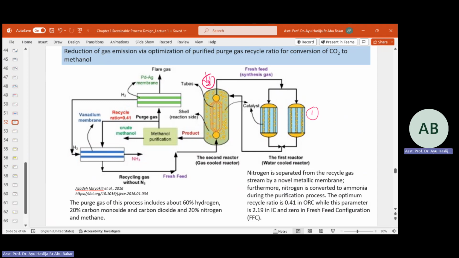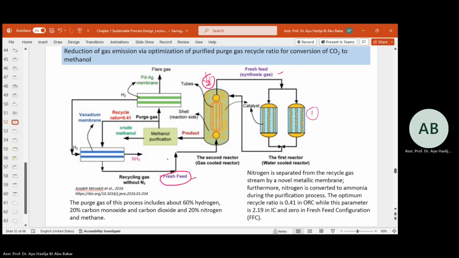Fresh feed, you have two fresh feeds over here. This fresh feed, this fresh feed. The bottom one. Okay, the bottom one is the fresh feed. Before there is a recycle system, this is the first influent stream.